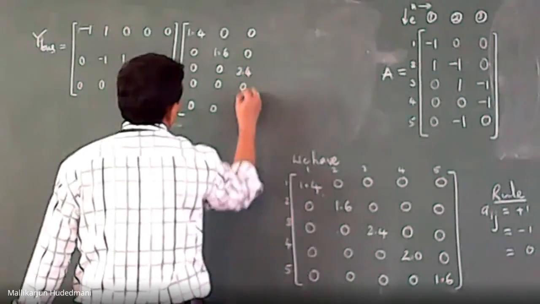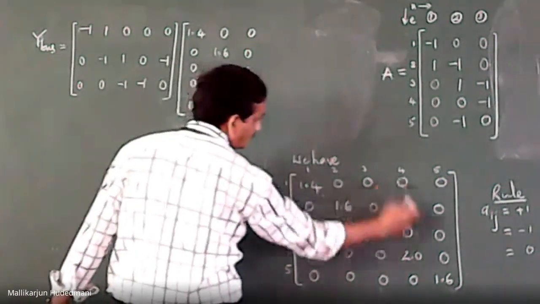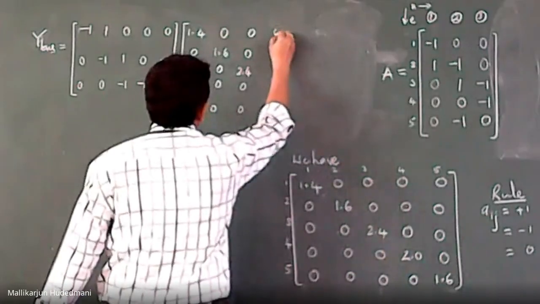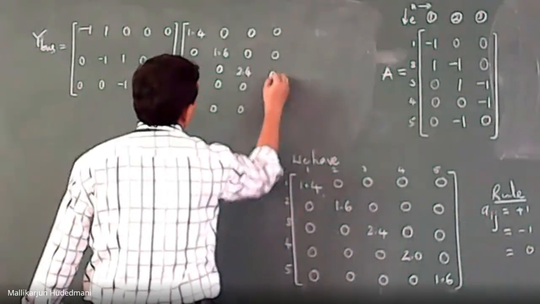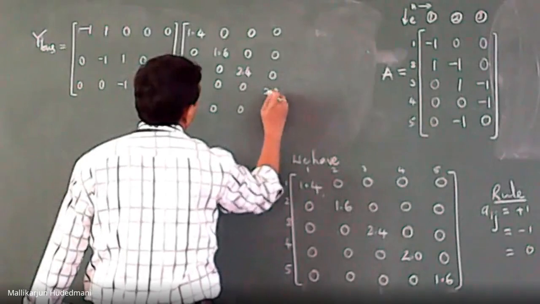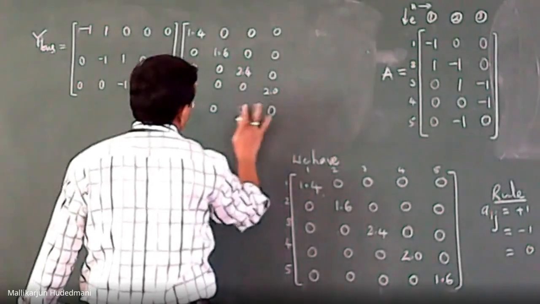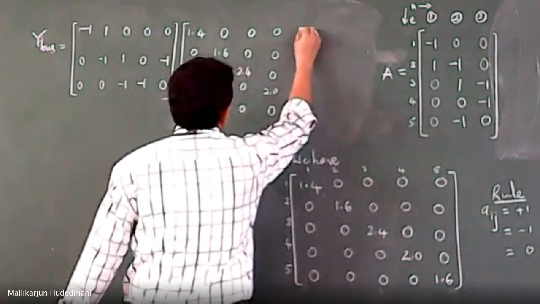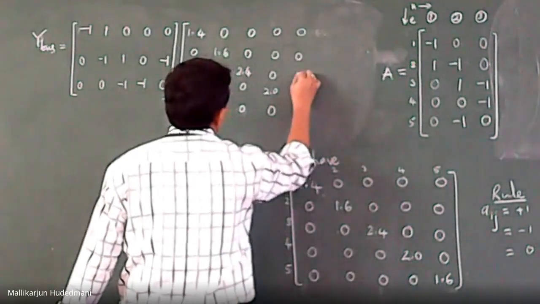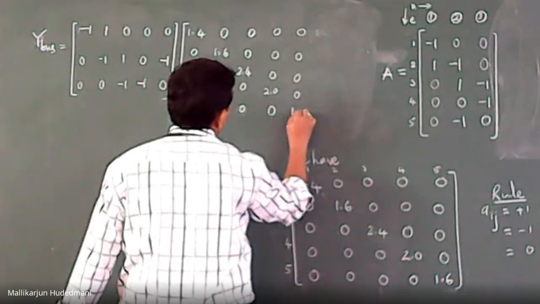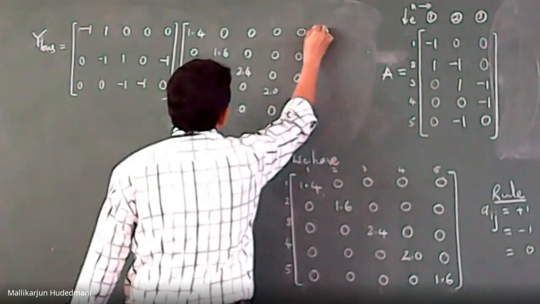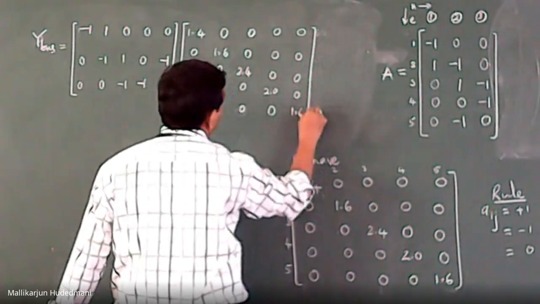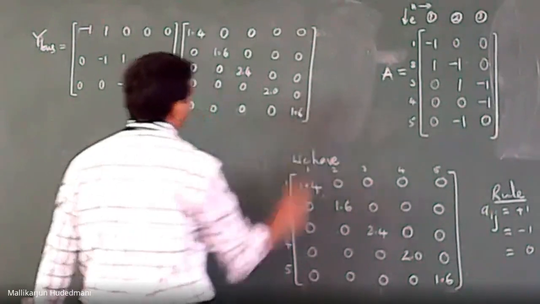And next is 2.0: 0, 0, 0, 2.0, 0. Okay. The last one is 0, 0, 0, 0, 1.6. You can see I have replaced in this position matrix Y, which is Y primitive.